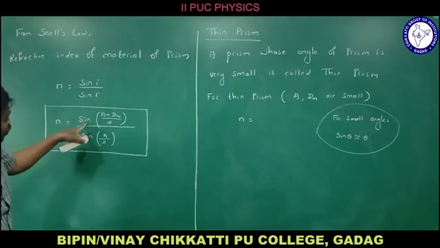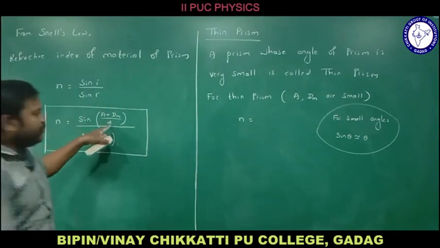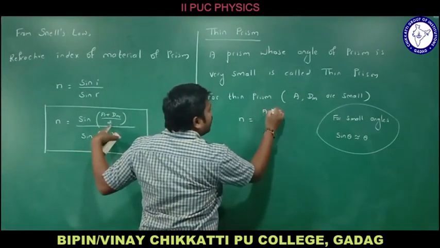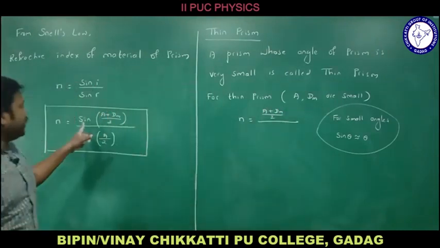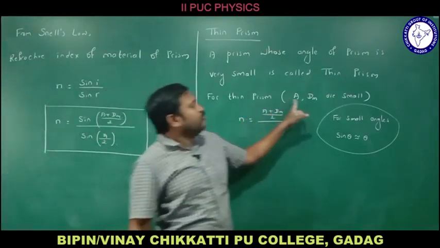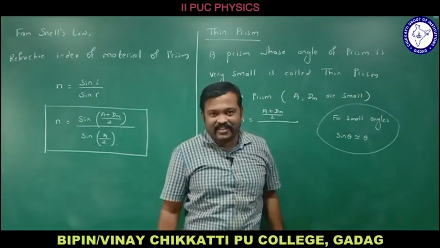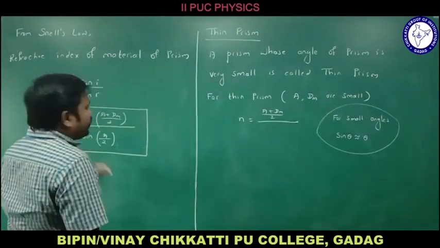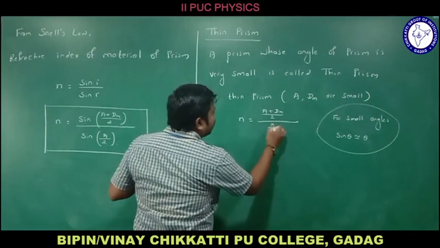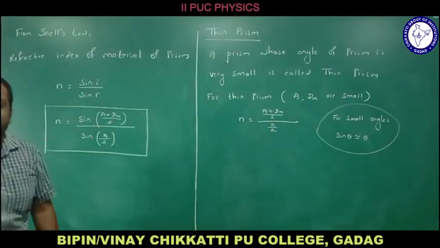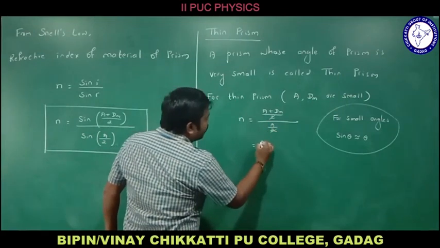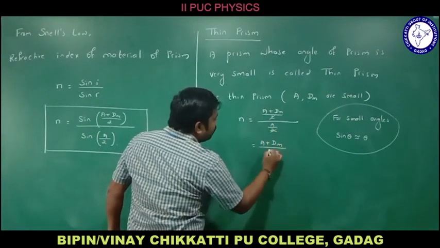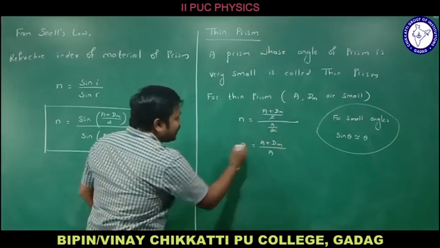So here I will not be using sine of (A plus dm) by 2. Instead of this, I will be taking (A plus dm) divided by 2, right? Why I have taken like this? Because these two angles are small here, right? Okay. Now, sine of A by 2, instead of that, shall I take now here? A divided by 2, right? Because A is small, right? So this 2 will get cancelled. What do you get now here? (A plus dm) divided by A, that is n equal to.